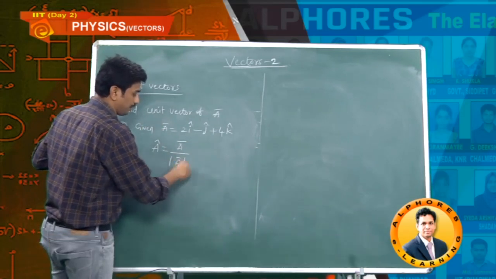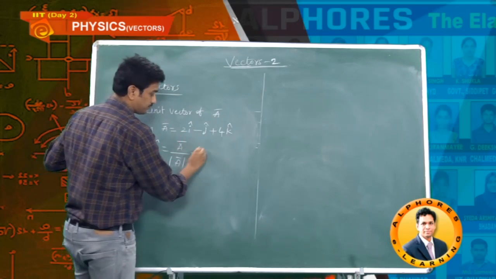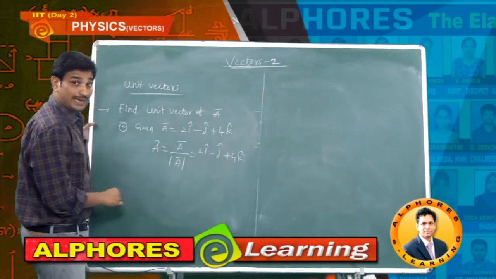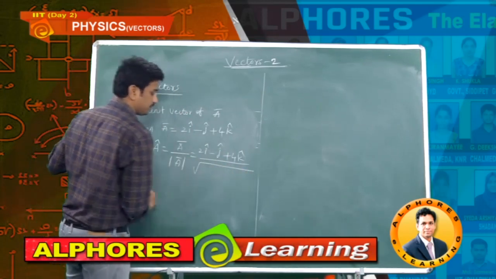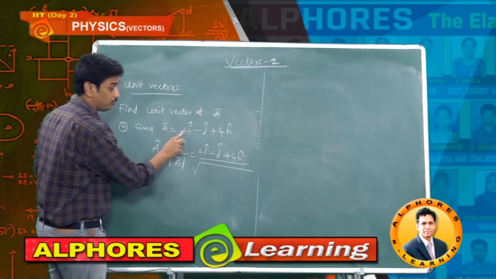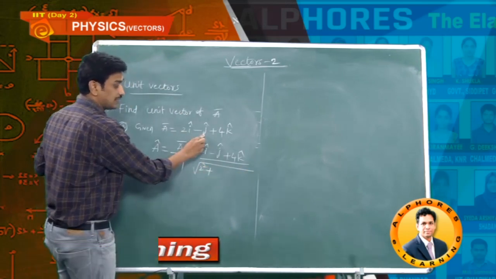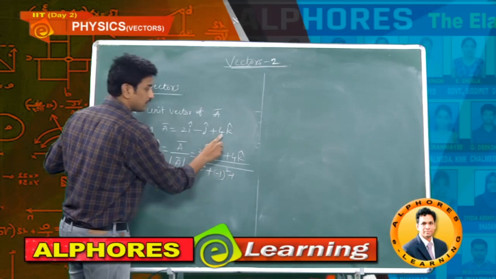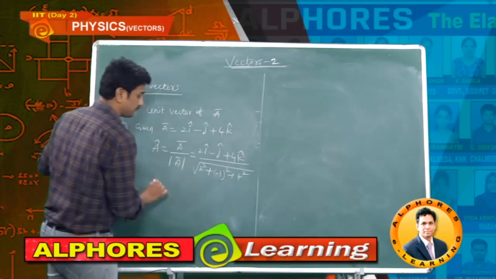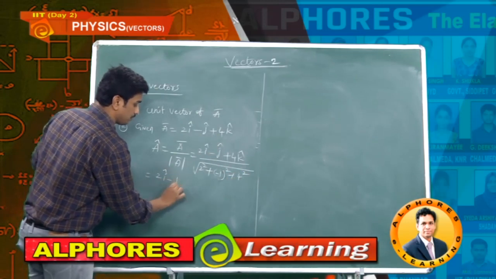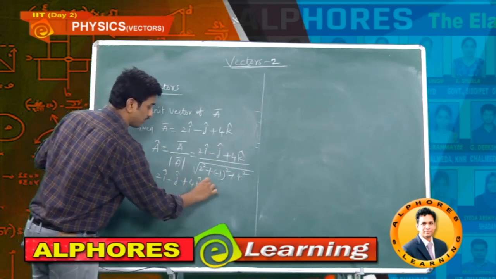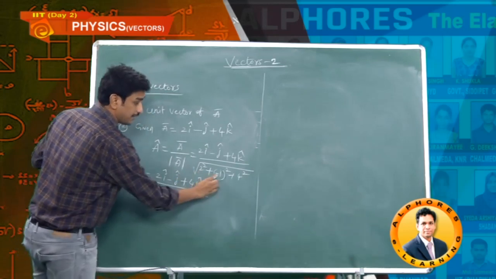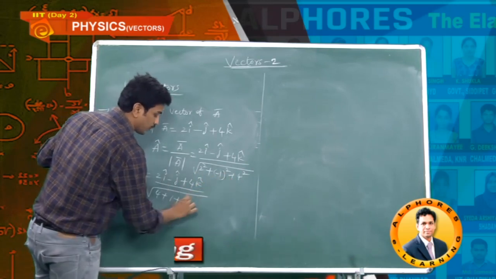A bar by mod A bar. What is A bar? This only: 2 I cap minus j cap plus 4 k cap, under root. What is the magnitude of A bar? I cap coefficient whole square plus j cap coefficient minus 1 whole square plus k cap coefficient whole square: 2 square 4, minus 1 whole square 1, 4 square 16.